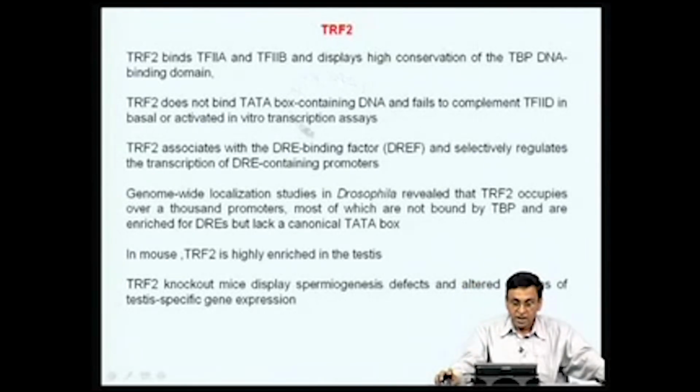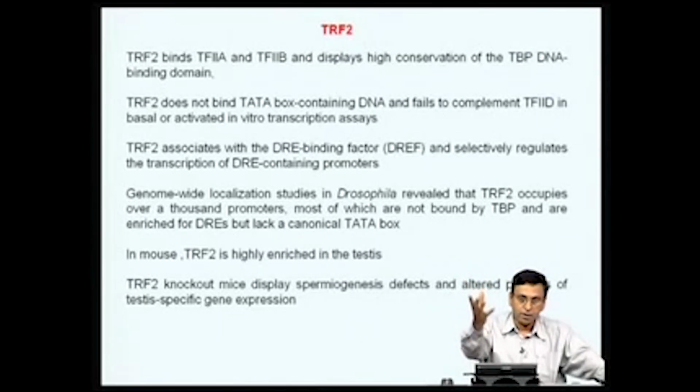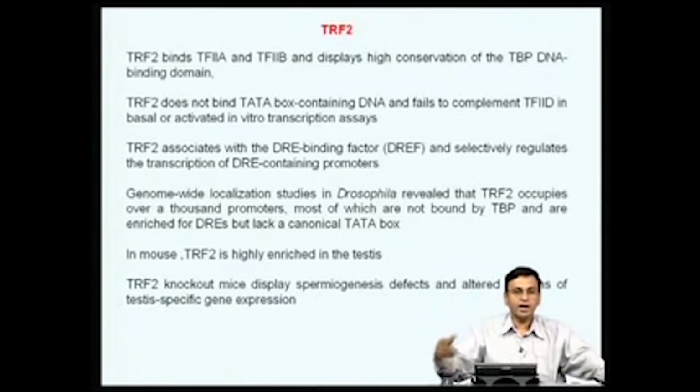The reason it cannot substitute TBP in the TF2D complex is that TRF2 cannot bind to the Tata sequence. Now, the job of TF2D is to activate transcription from Tata box containing promoters, but TRF2 cannot bind the Tata box and therefore cannot substitute for TBP in a TF2D complex.